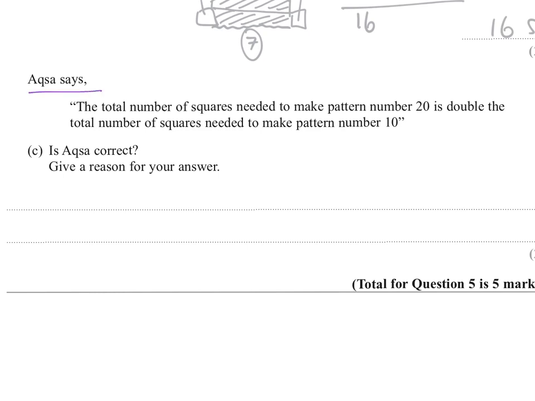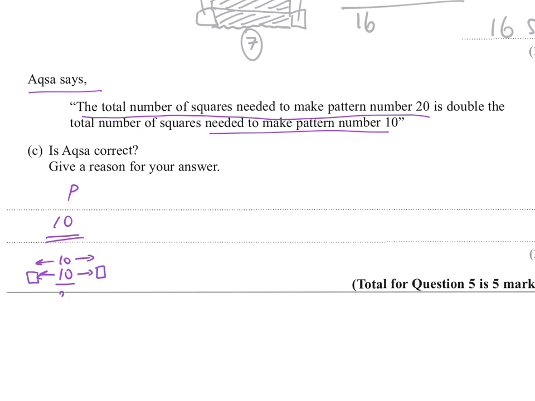AXA says that the total number of squares needed to make pattern number 20 is double the number of squares needed to make pattern number 10. Well, let's look at pattern 10. We know we're going to have 10 grey on the bottom, and then 10 more grey ones on top, and then 1, 2 either side.